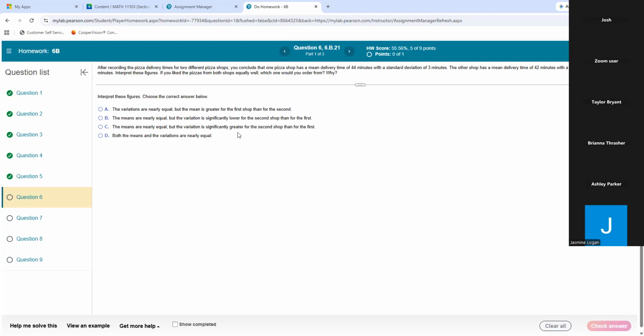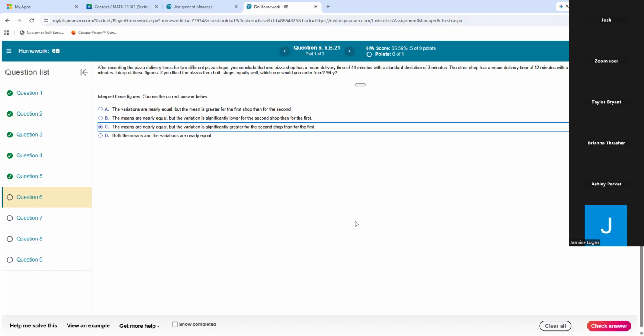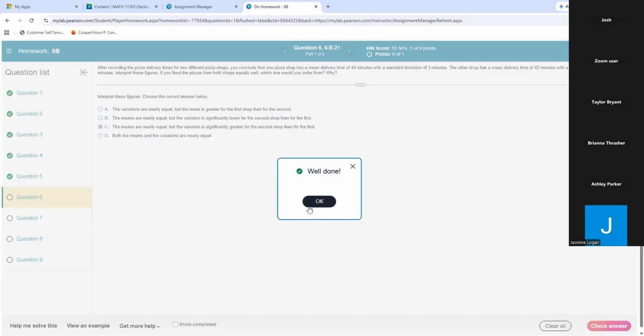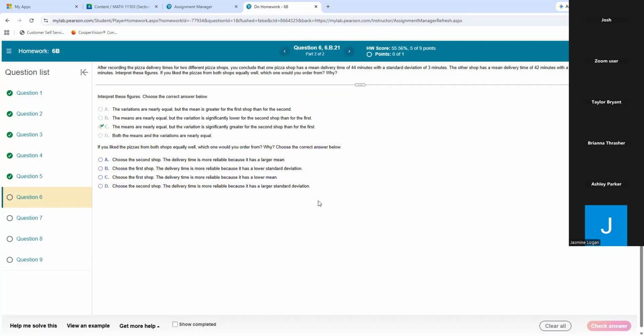So although it averaged 42 minutes, you might not get it for an hour, right? So that's when we want to pick on that because 18 is greater than that 3-minute deviation. And y'all, that's what you got to look at overall. I mean, more than likely the other shop might be quicker, but you never know because they got such variation.